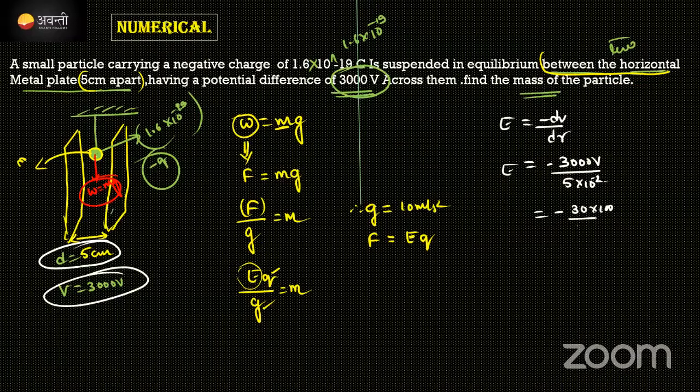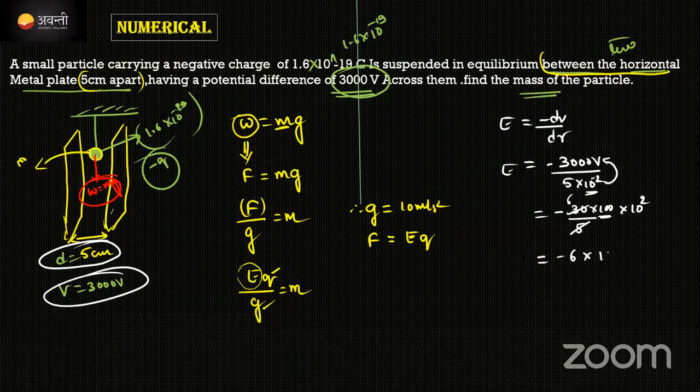The 10 to the power of minus 2 I take to the numerator, it becomes 10 to the power of plus 2. Simplifying, 30 by 5 is 6, and 100 is 10 to the power of 2, plus 2 means 10 to the power of 4. This is the electric field value.